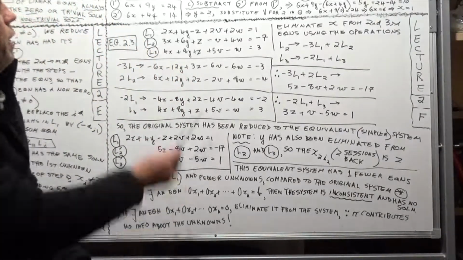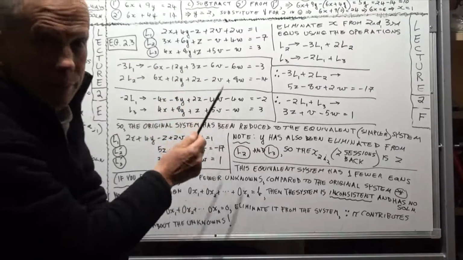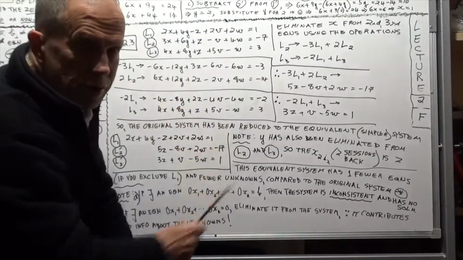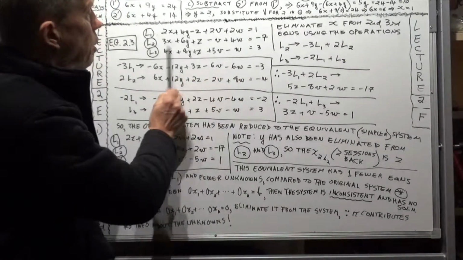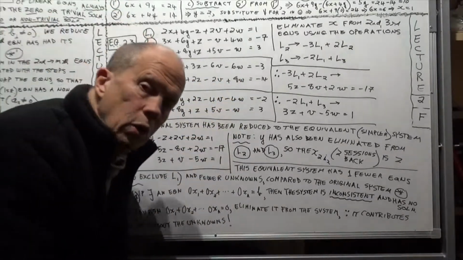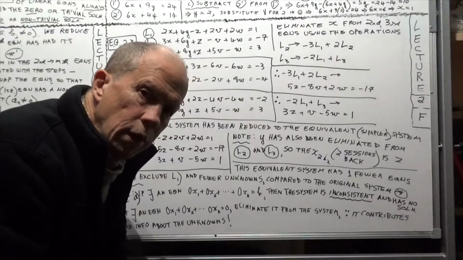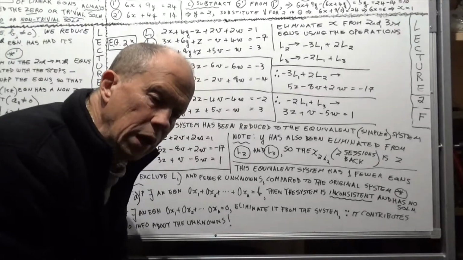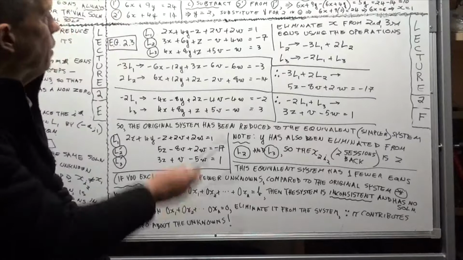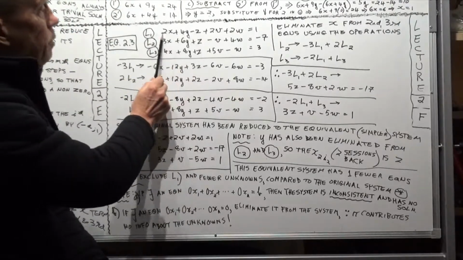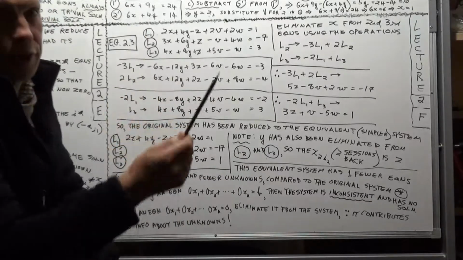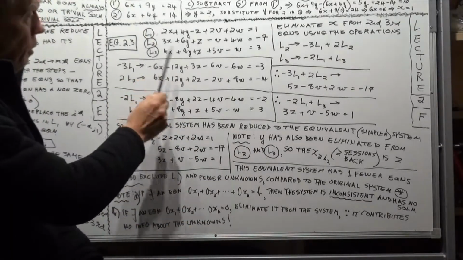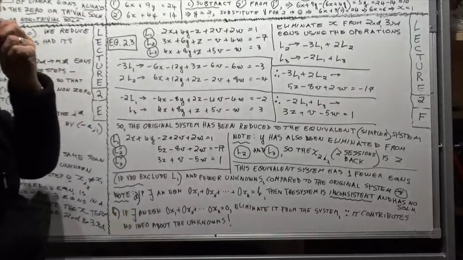Now I've written out the system here. Remember, a system is just a set of linear equations. So 3 equations. Now I'm putting one equation per line, so one equation, one line. I'm labeling each line or equation L, L for line: L1, L2, L3, for the 3 equations.